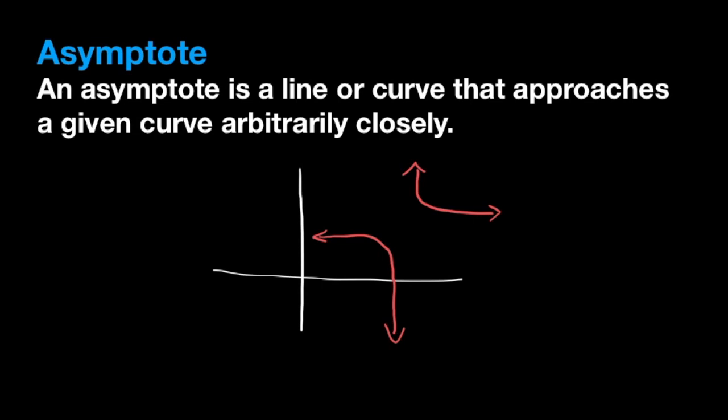You're going to have a horizontal right here, that this blue line is not being crossed by the red lines, and then you are also going to have a vertical one right here. So our graphs will get really, really close to it, but they will never touch it.